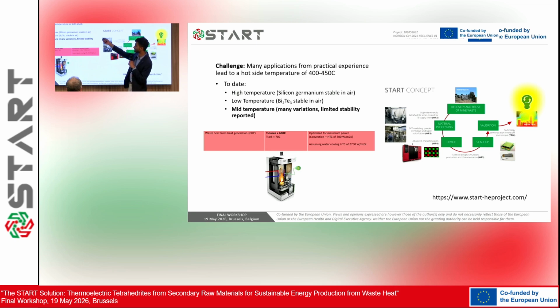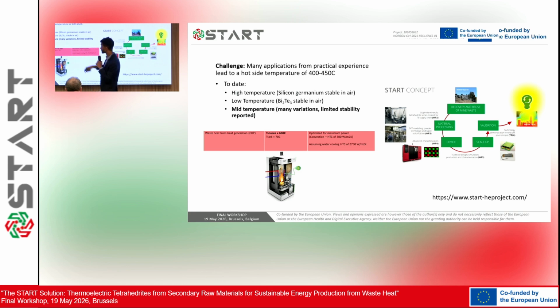So identifying that challenge, we saw that there were many applications which lead to a hot side temperature of 400 to 450 degrees centigrade. And when we look in the market, there are two main stable material classes. There is the high temperature silicon germanium, which is stable in air up to 900 degrees centigrade. And then there is a low temperature bismuth telluride, which Patricia showed is not stable at 350, but up to 200 degrees centigrade, it is the main module which is still used.